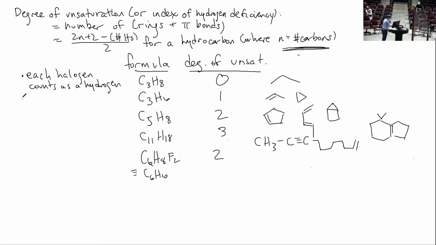What about oxygen? You're going to like oxygen even more. Oxygen has no effect on degree of unsaturation. So you can effectively just throw them out of the molecule. That's a little sloppy. Let me see if I can do a little better.